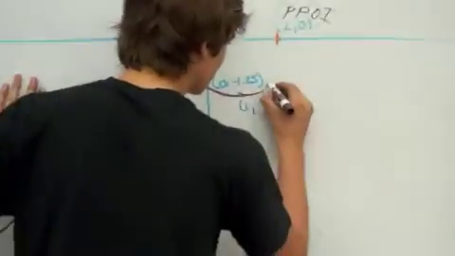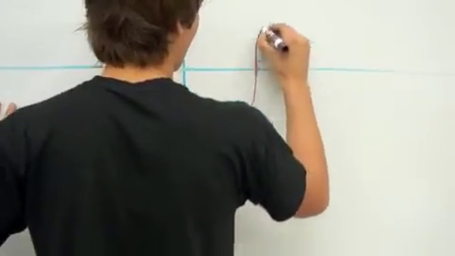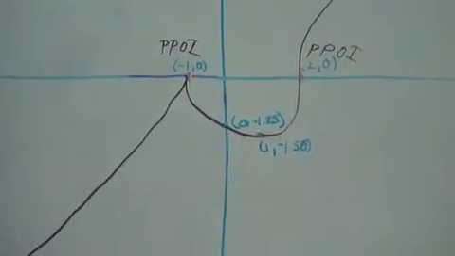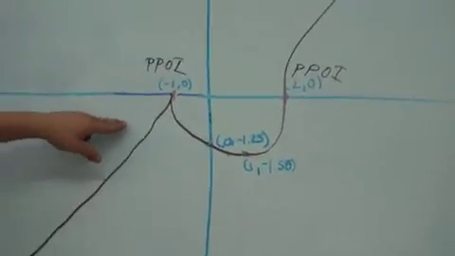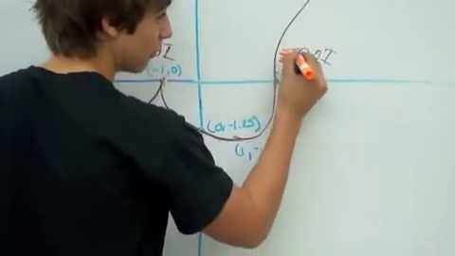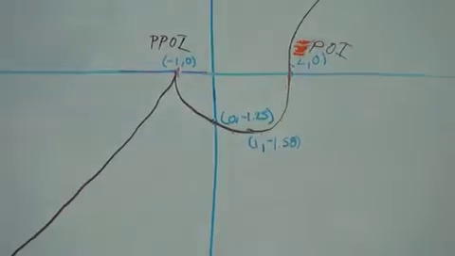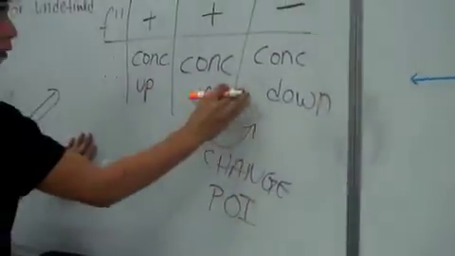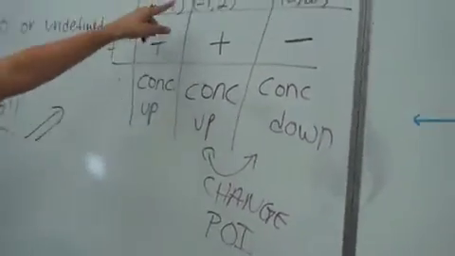And then it's going to come back up and shoot that way. You see that? So we know that this is still a possible point of inflection, and this is not a possible point of inflection anymore. It is a point of inflection because we proved it right here in the second derivative test.